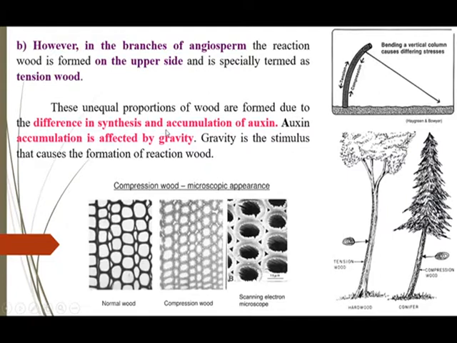The unequal portion of the wood is due to the difference in the synthesis and accumulation of auxin, and we know that auxin synthesis and accumulation is affected by gravity. The compression wood shows more lignin deposition in comparison to the normal wood.